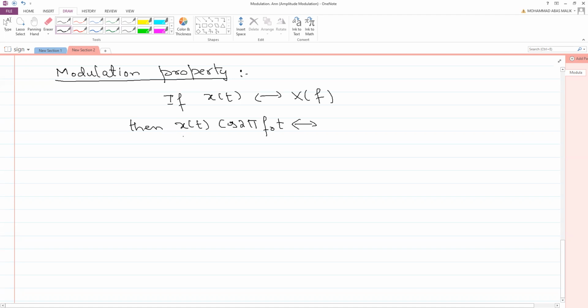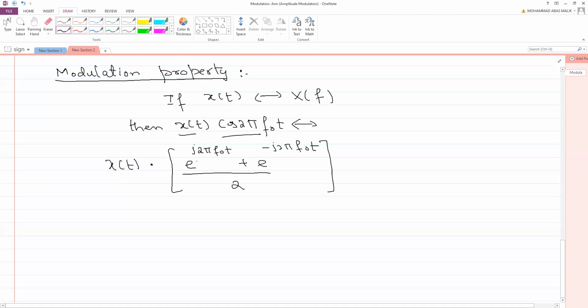If you are not understanding, then I will make this simple. Can I write cos(2π f₀ t) equal to e^(j2πf₀t) plus e^(-j2πf₀t), divided by 2? Please tell me fast. Yes sir. Okay, so multiply x(t) with this.